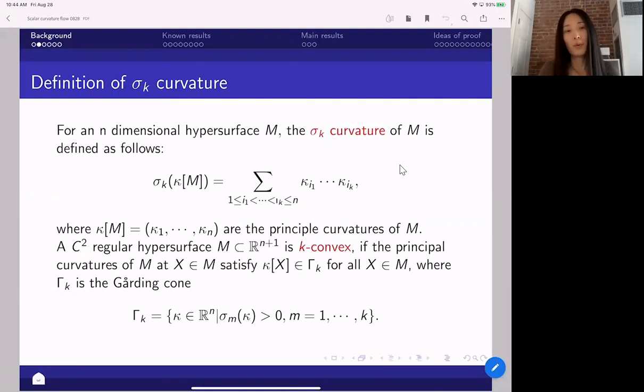Okay, before we start to talk about other types of flow, I want to give you some definitions.